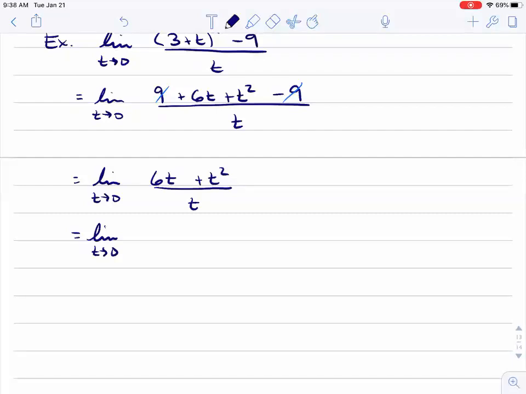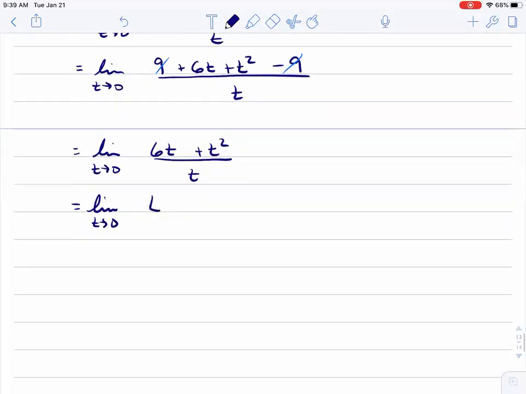Whether you want to cancel from here, or pull out the common t and then cancel, that's up to you. I'm going to pull it out because I always want to make sure that I have a t that I can cancel. Otherwise, I'm not allowed to cancel that t in the denominator, right? And so that's why I always pull it out, just to make sure that I've got a t to cancel.